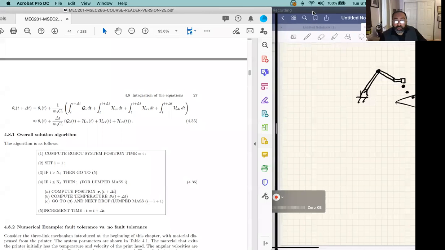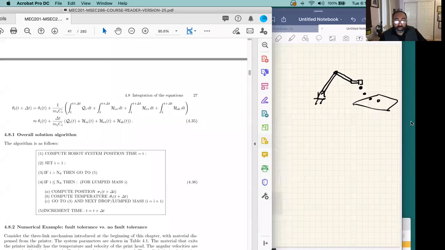The things that are coming out of the hopper are basically given by these values here. We set a counter. In the very first part of the simulation, the very first one that comes out is i equals 1. That's the first particle. i equals 2, second particle, i equals 3, third particle, and so on. As the simulation wears on and on, you have more and more particles that you have to keep track of.